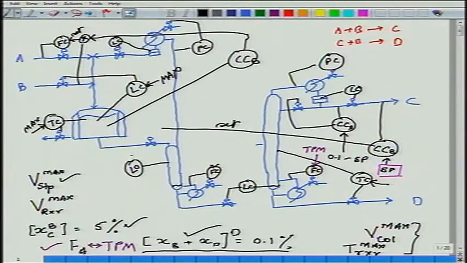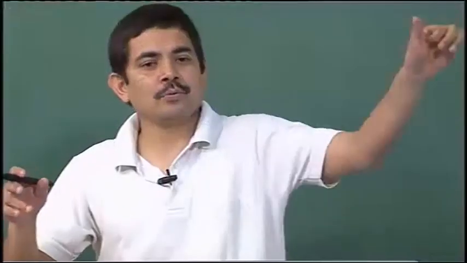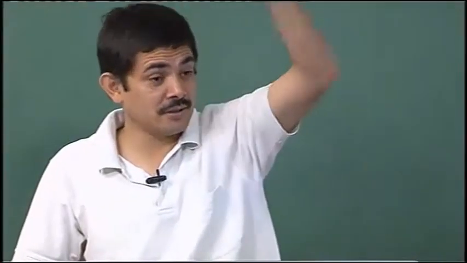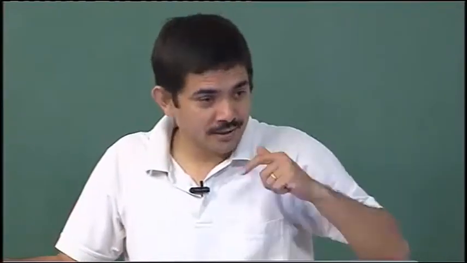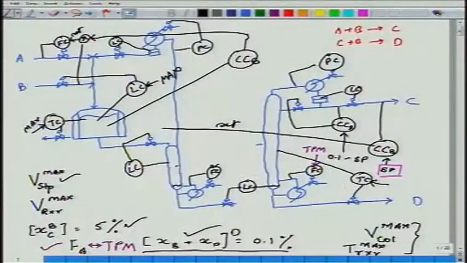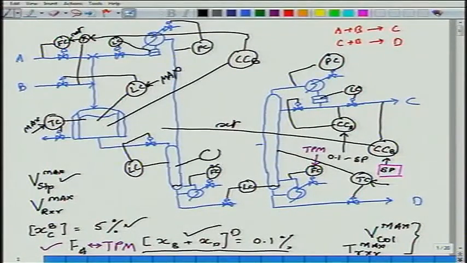This is acceptable to the operator. He has seen, okay, if the level in the stripper is going down, put more feed. He has seen that and he is convinced that yes, this will work. The other thing that I was telling you, he is not convinced it will work. Temperature of course has to be controlled. So temperature control, and this set point which was coming is now going here.